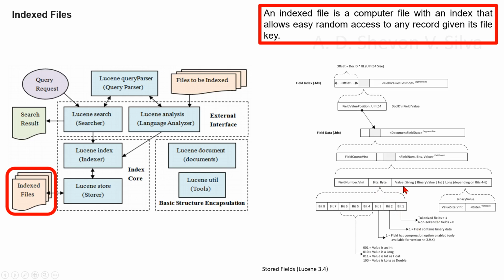Here the value: string or binary value or int, long depending on bits 4 to 6, with the binary value here, value size VInt. Here the value size, binary value, the value size VInt, and byte is value size.